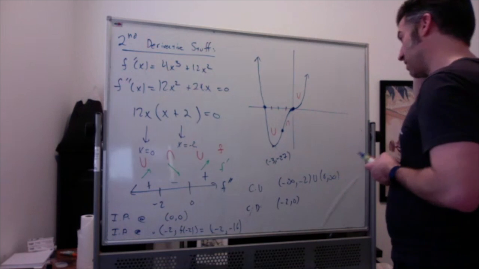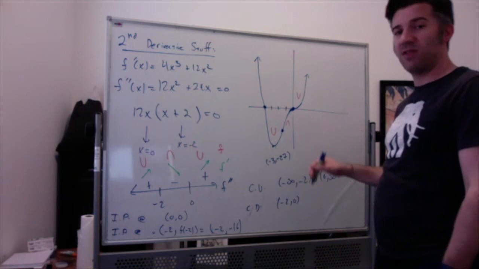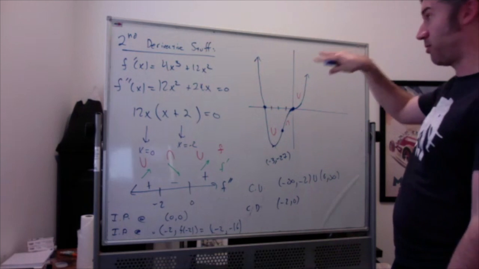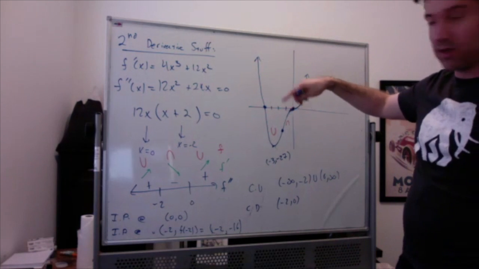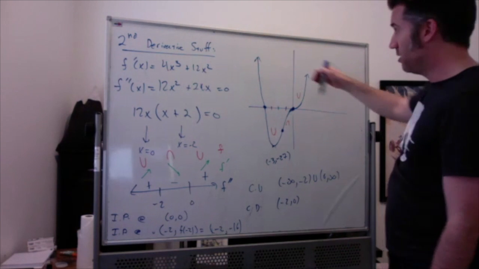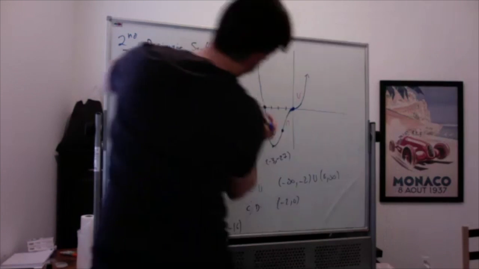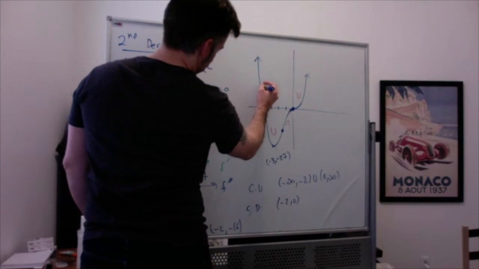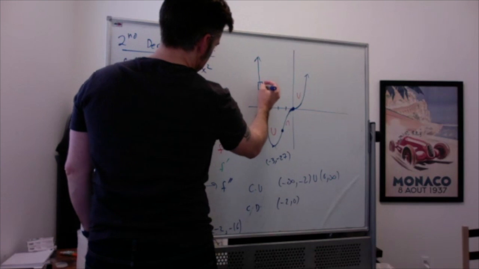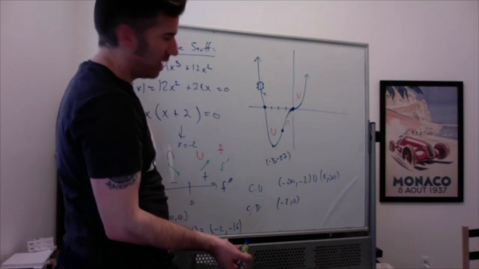A couple other ways to think about that: if you think about looking at a topographical map and this is like a road, and you have a car driving on this road from left to right, if we drive this way, we are turning ever so slightly, right? Sorry, I'm going to draw a car here. There's my car with like 4 little wheels on it, and my car is turning to the left, ever so slightly.